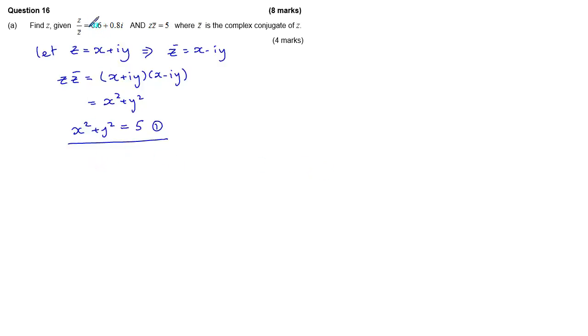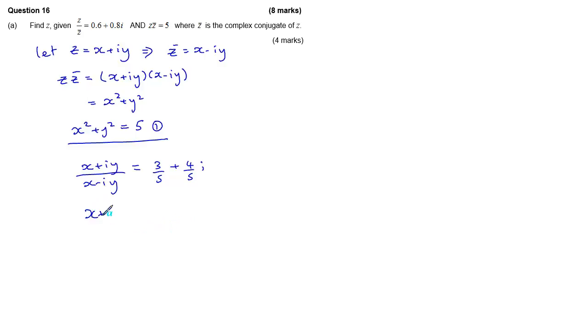Now, going from here, we have x plus iy divided by x minus iy is equal to 0.6, which is 3/5, add 4/5 i.